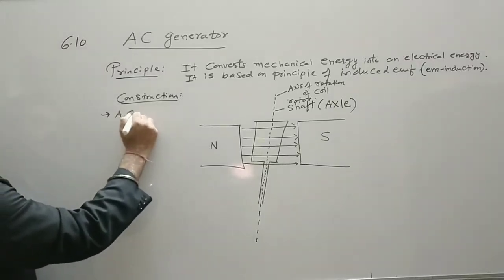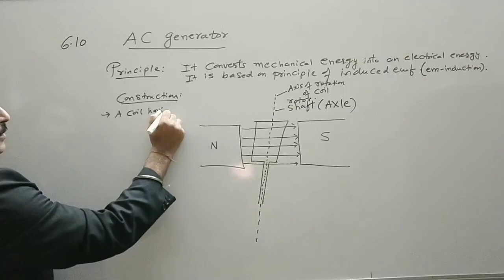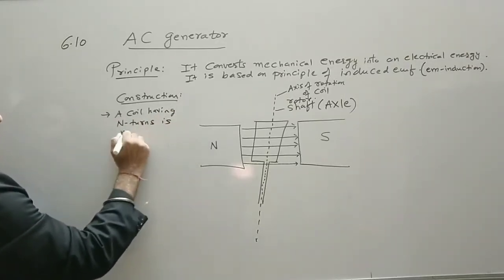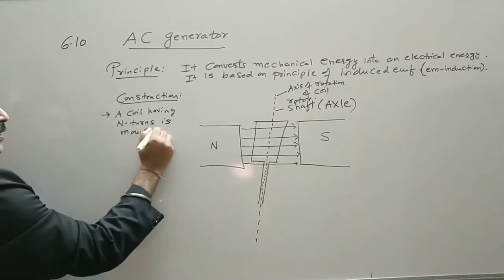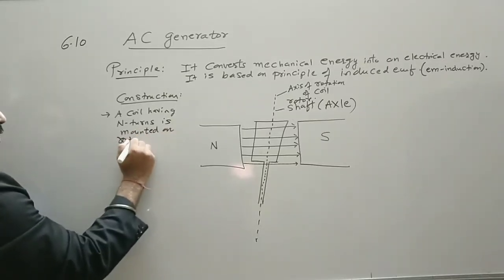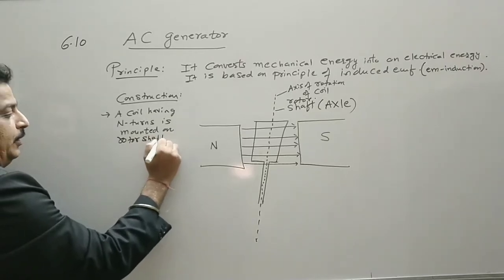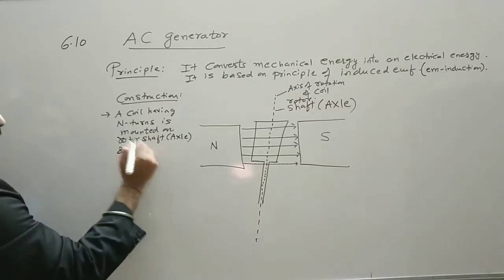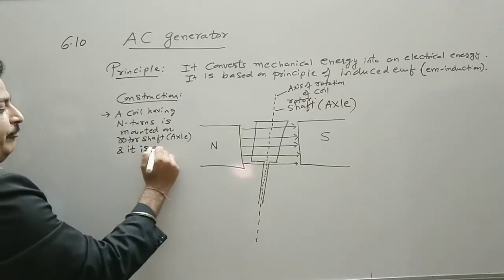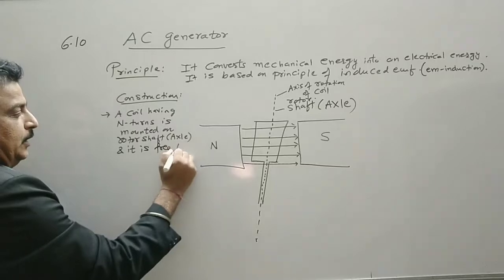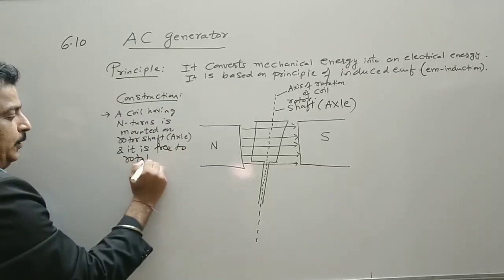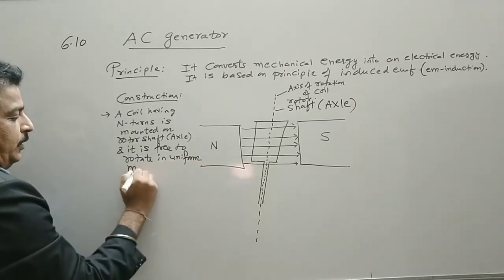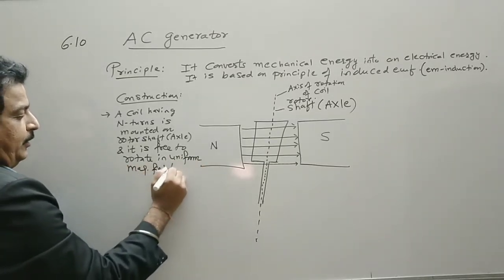So a coil having N turns is mounted on the rotor shaft and it is free to rotate in a uniform magnetic field.